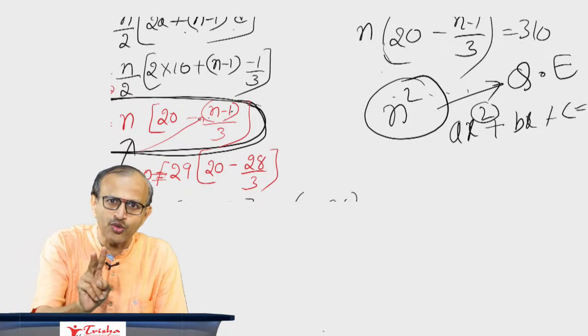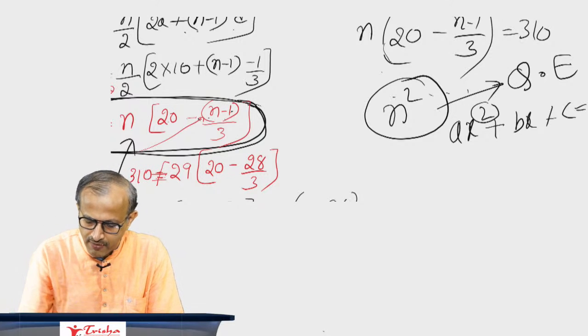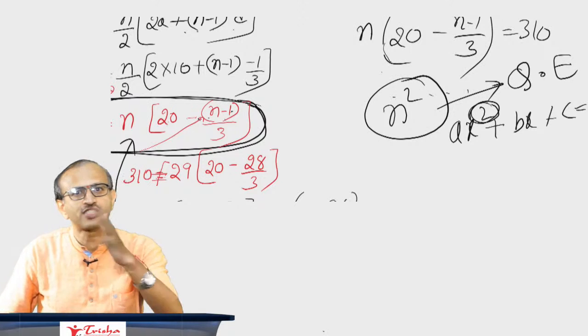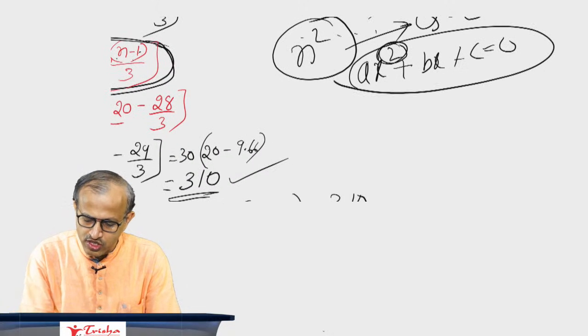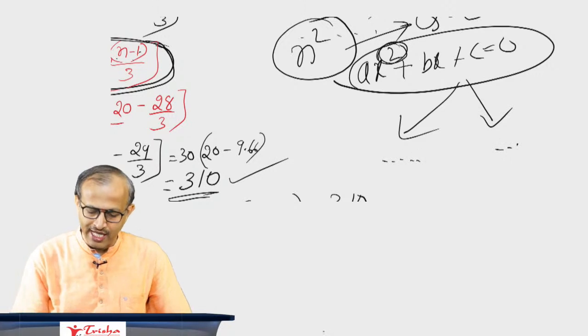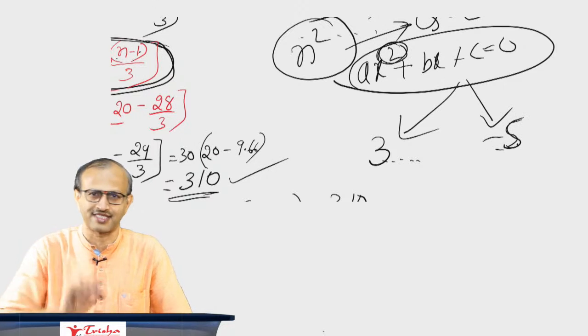Power is 2, quadratic, 2 solutions. Power is 3, 3 solutions. Since it is a quadratic equation, there are 2 solutions. Assume one answer is 3, the other is minus 5.